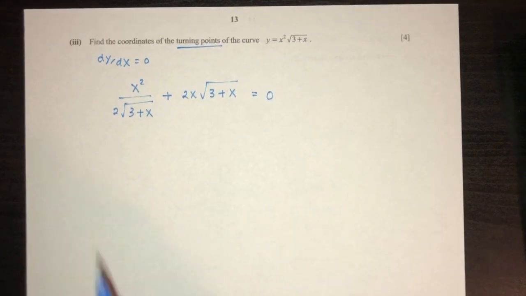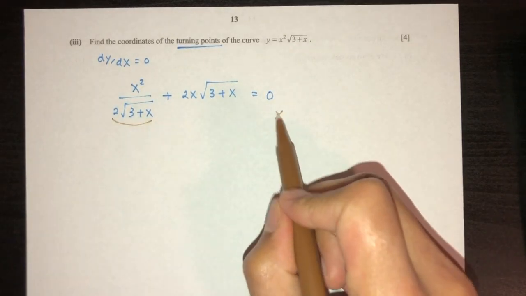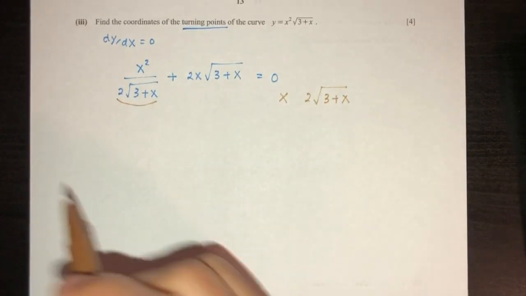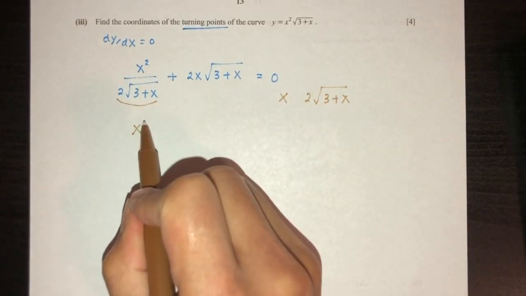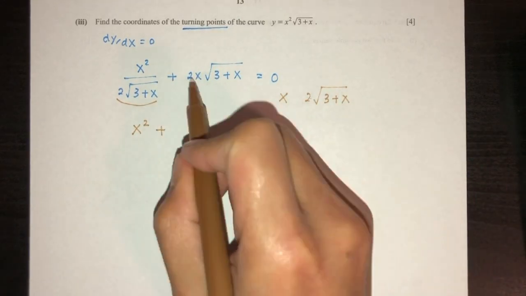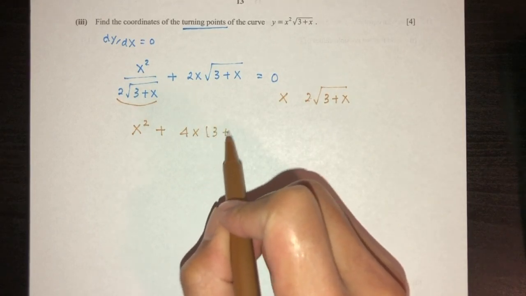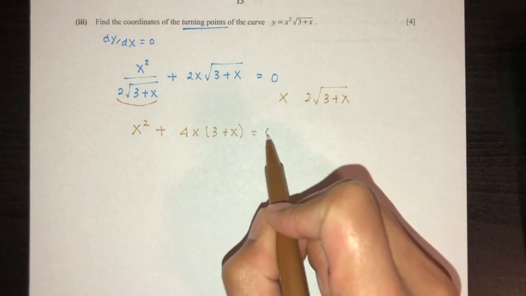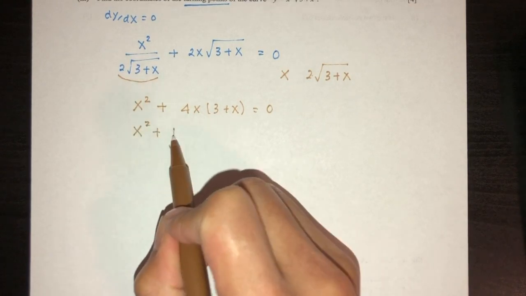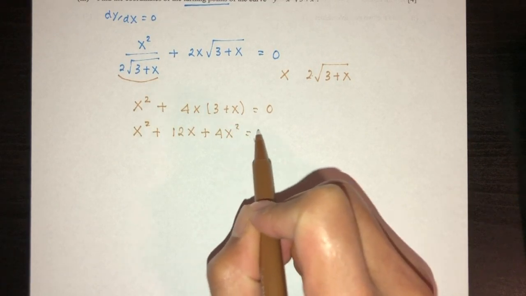So now, if you want to eliminate this base, you have to multiply everywhere by 2 root of 3 plus x. So you will have on top here, this will be the same, because this time this will be cancelled out, plus 2 times 2 is 4, x, and this time this will become this, and 0 times this will be just 0. So you will have x squared plus 12x plus 4x squared is 0.